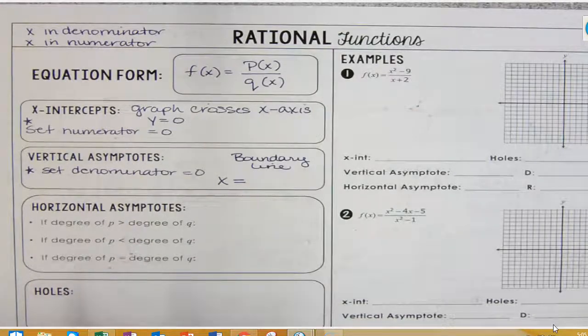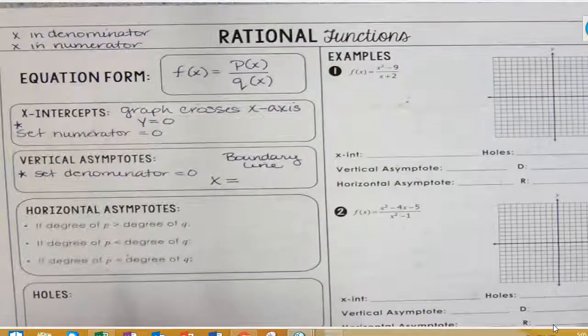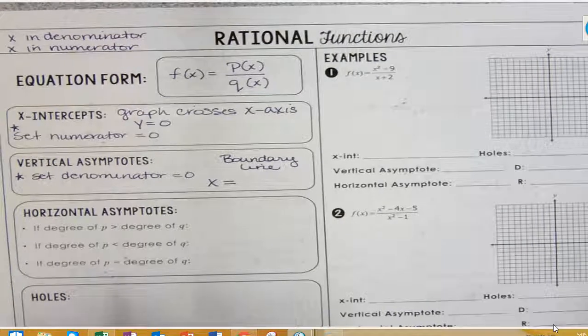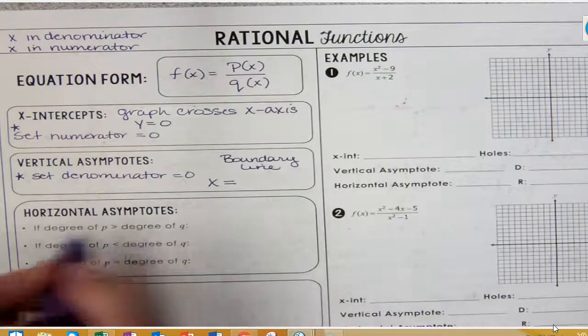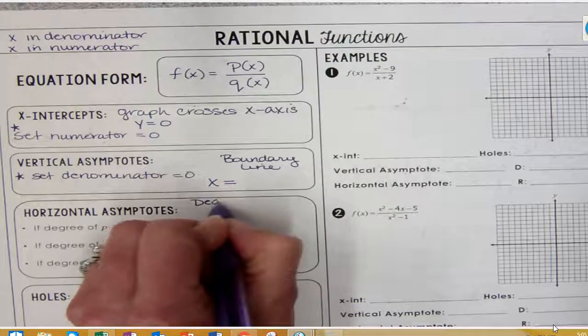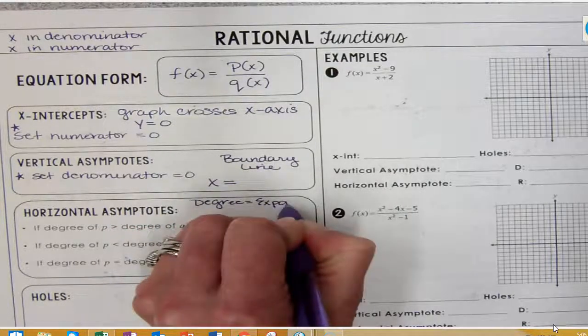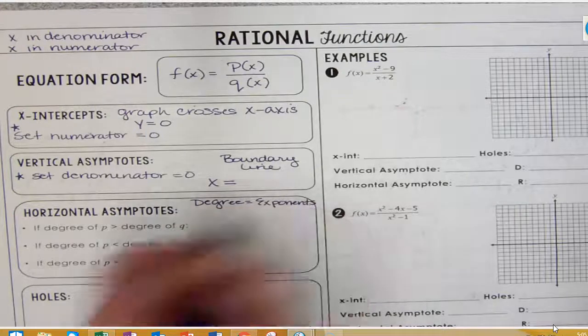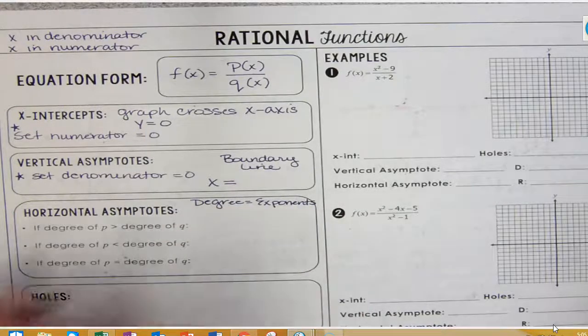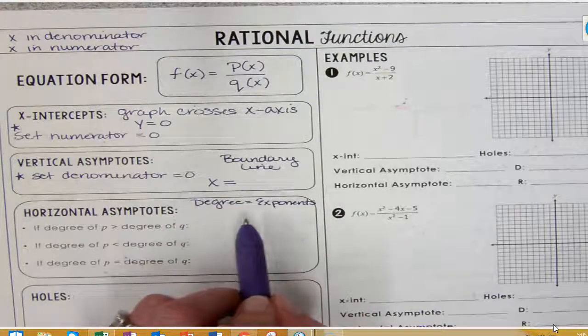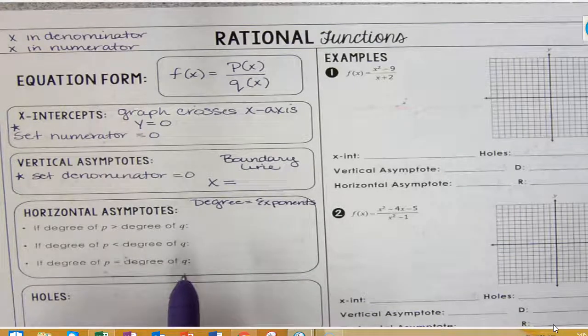Now this is where it starts getting fun: the horizontal asymptotes. When we're talking about the degrees, we're talking about the exponents, and you're looking at your very largest exponents.